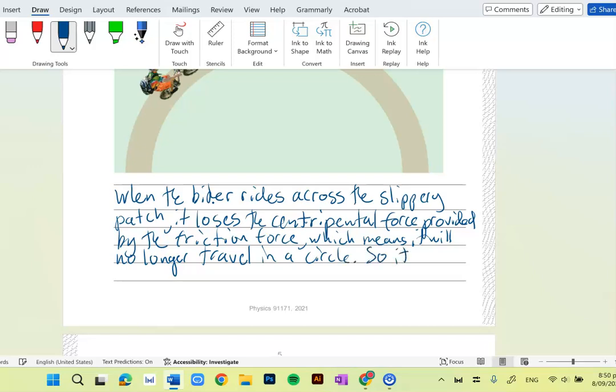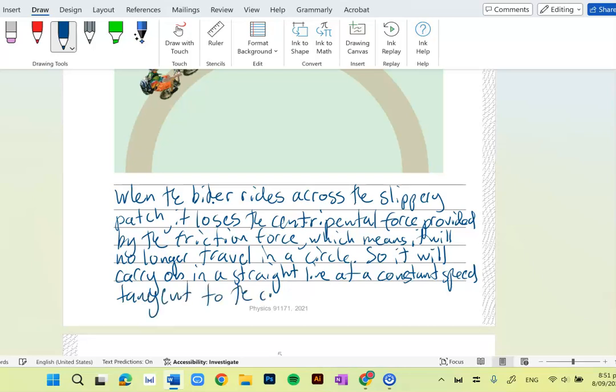So it will carry on in a straight line at a constant speed tangent to the circle.